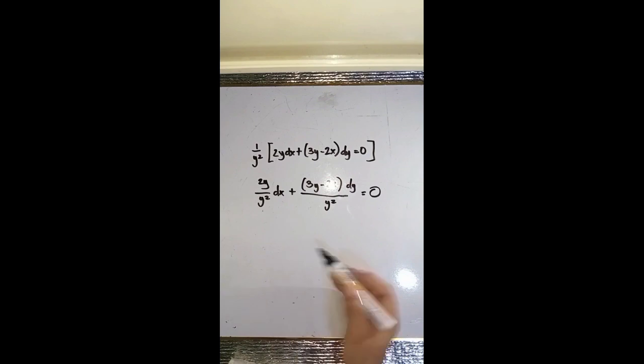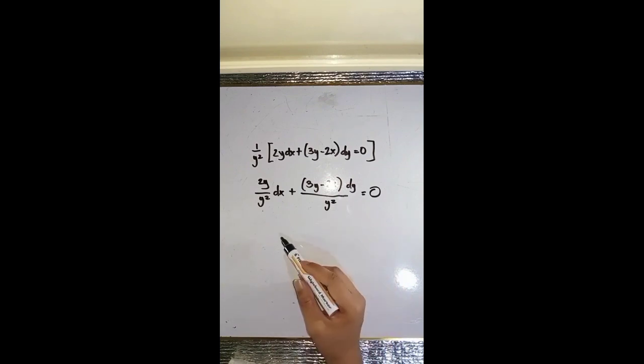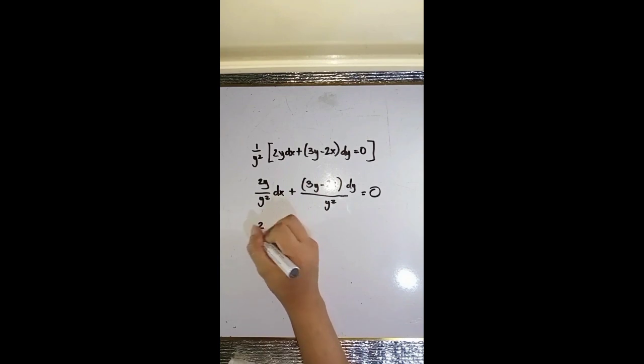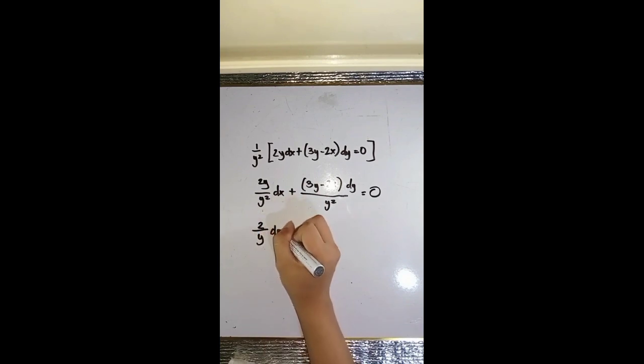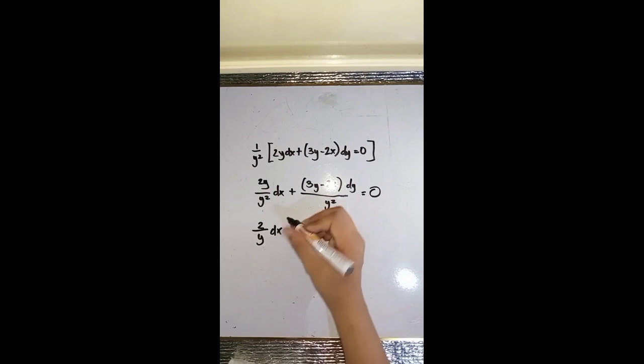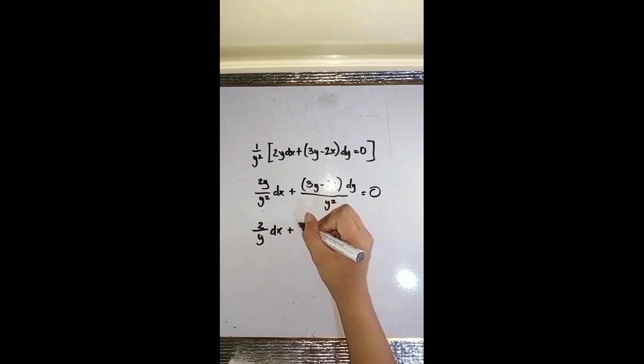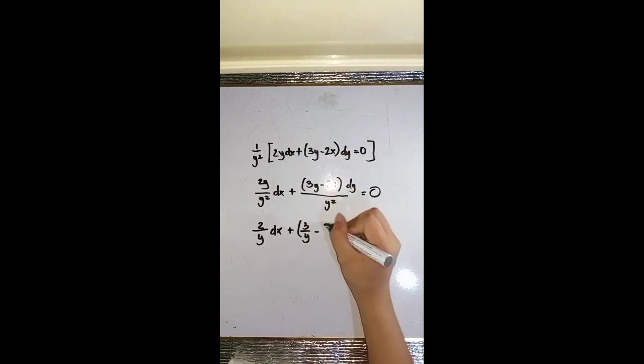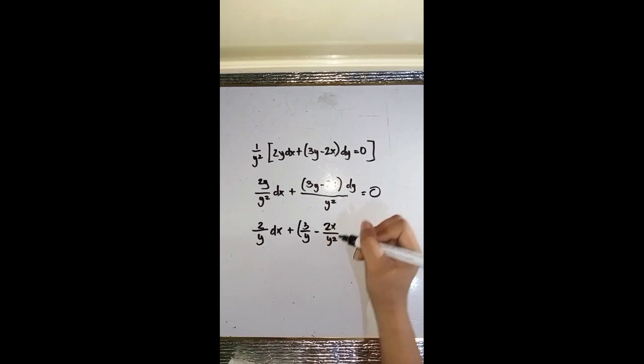Now we can solve this further, which results in 2 over y dx plus (3 over y minus 2x over y squared) dy equals 0.